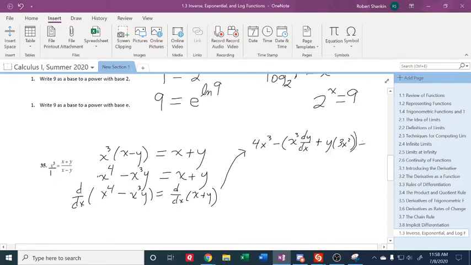And when I take the derivative of the right hand side I get 1 plus dy dx. Then distribute the minus sign.